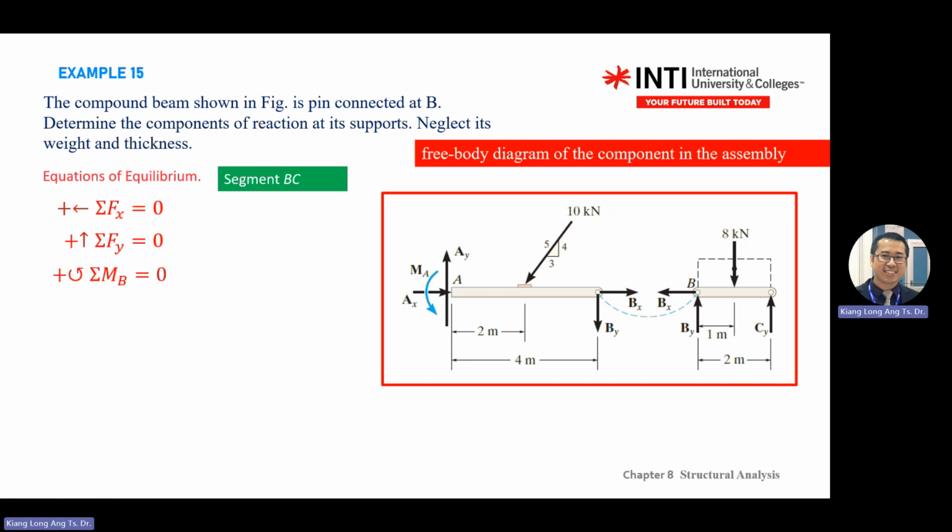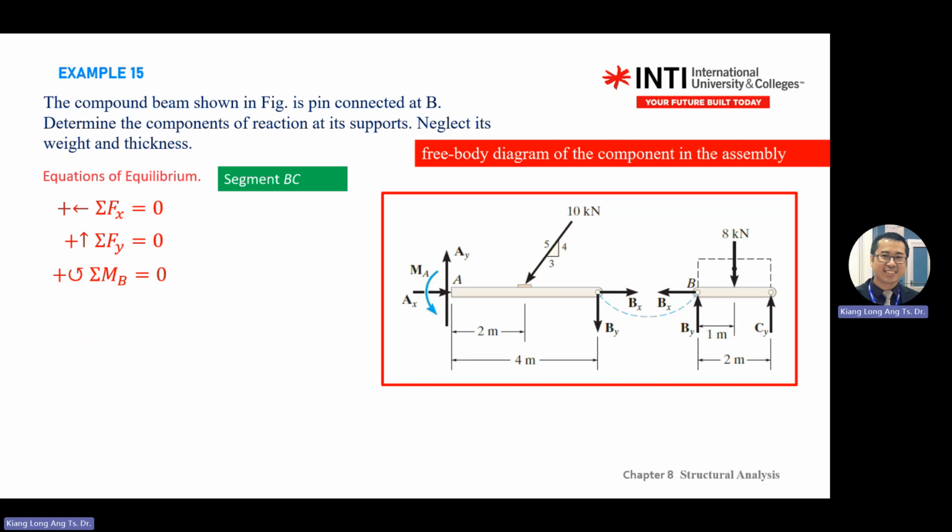In this case, if you look at the BC segment, because we have a lot of unknowns here, we put our moment here. We close our hand here. We only see CY and 8 kilonewton. So this one generates moment: CY multiplied by this length, 8 kilonewton multiplied by half of the distributed load length.